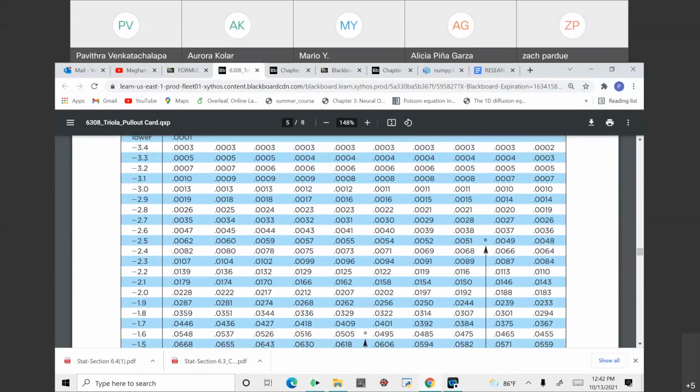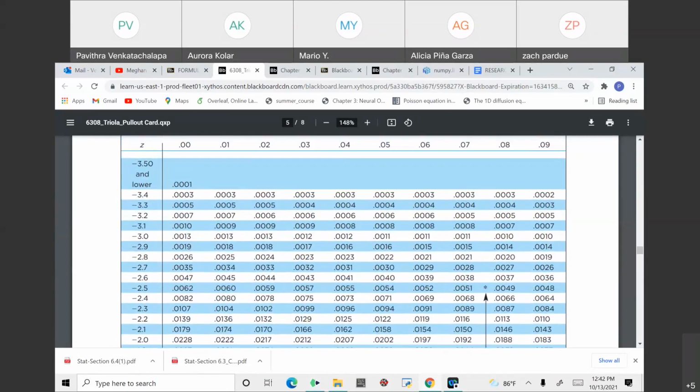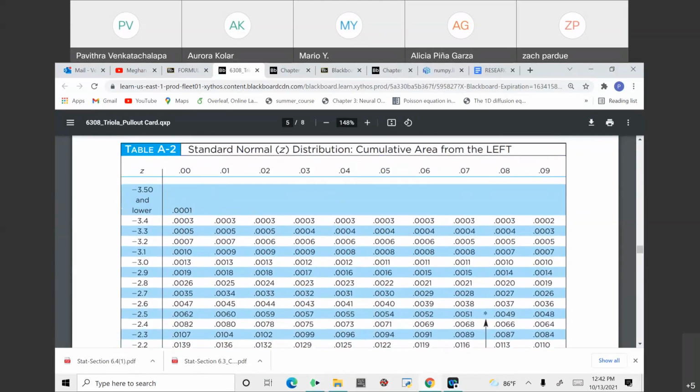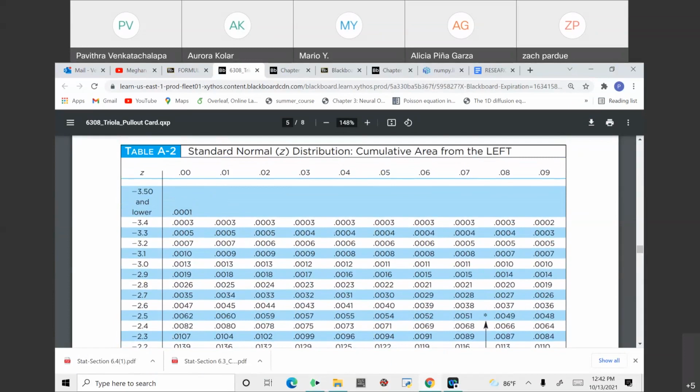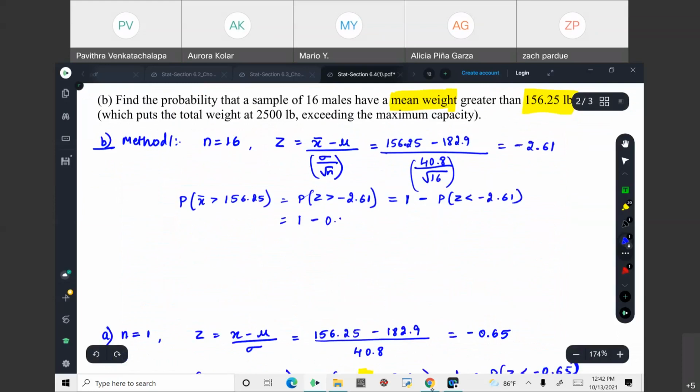So negative 2.6 is here, and 1 will be here, which is 0.0045. The answer is 0.9955, or convert that into percentage, which is 99.55%. So this is method 1.